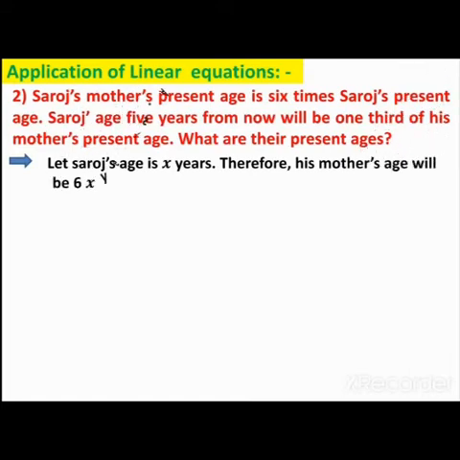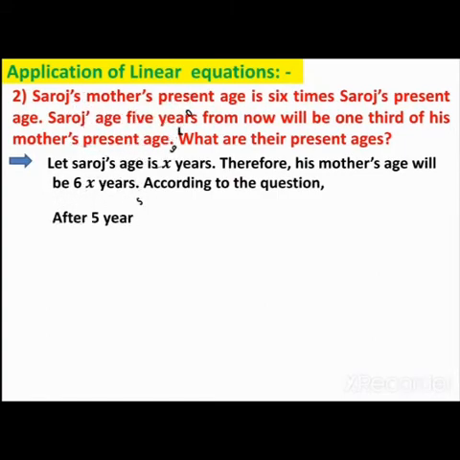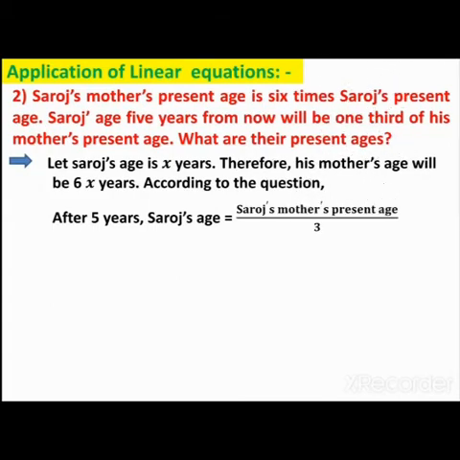Therefore, his mother's age will be 6x years. According to the question, after 5 years, Saroj's age equals Saroj's mother's present age divided by 3. So Saroj's age is x + 5.